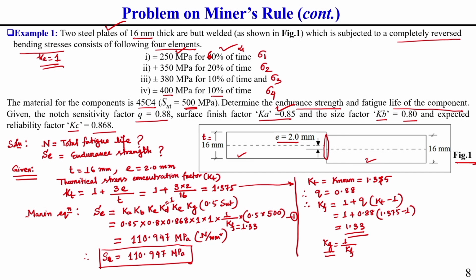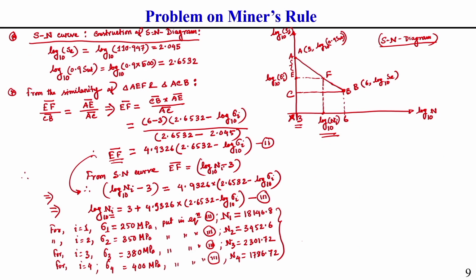Now, in this problem it is given that 250 MPa is for 60% of the time, 350 MPa is 20% of the time, 380 MPa is 10% of the time, and 400 MPa is 10% of the time. So, alpha 1 is given as 60%, equal to 0.6, alpha 2 is given as 20%, equal to 0.2.